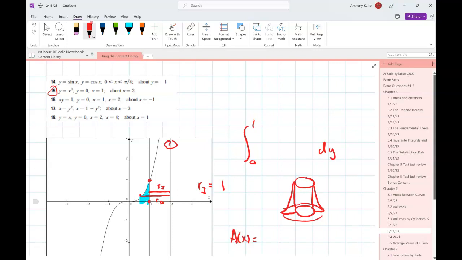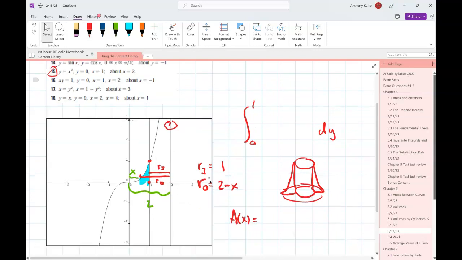The outer radius is going to be what? Well, from here to here is 2 units. And from there to there is x units. That's going to be 2 minus x. But we're integrating with respect to y. We need to rewrite x in terms of y, correct?